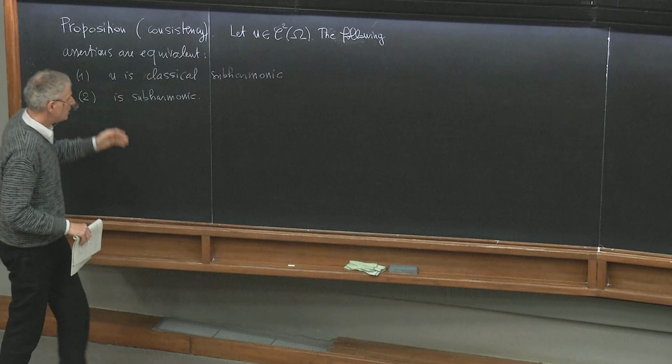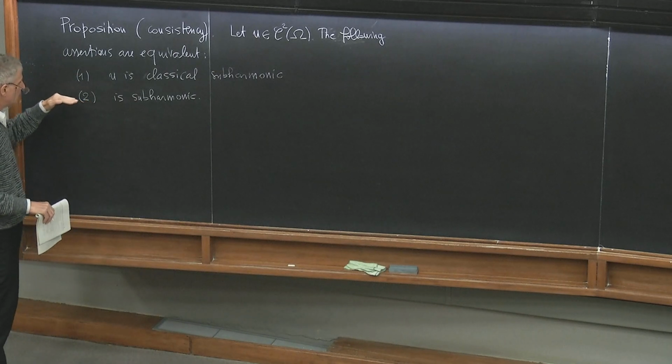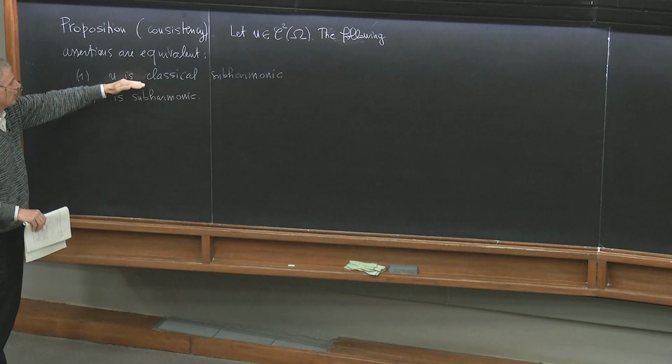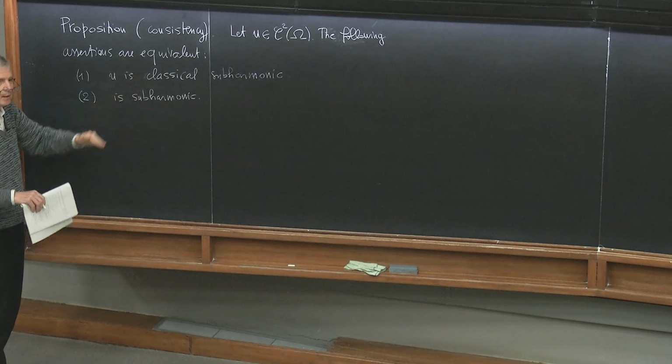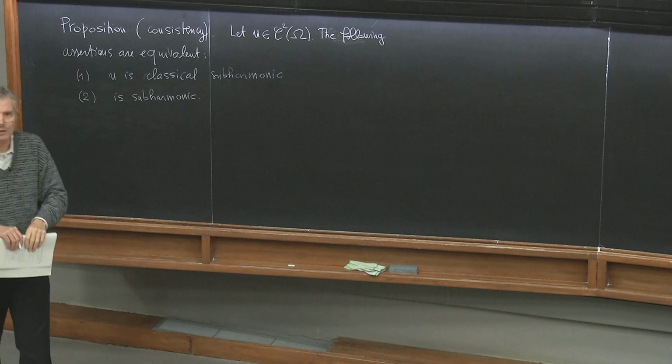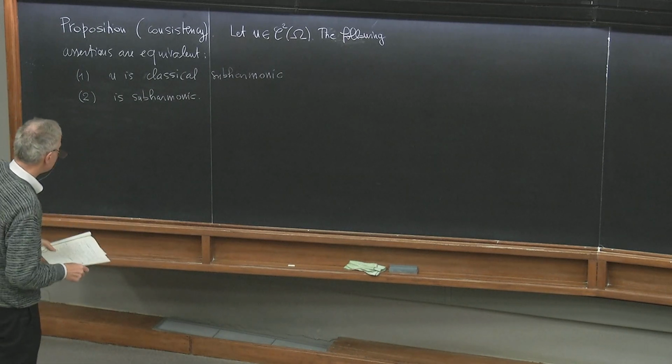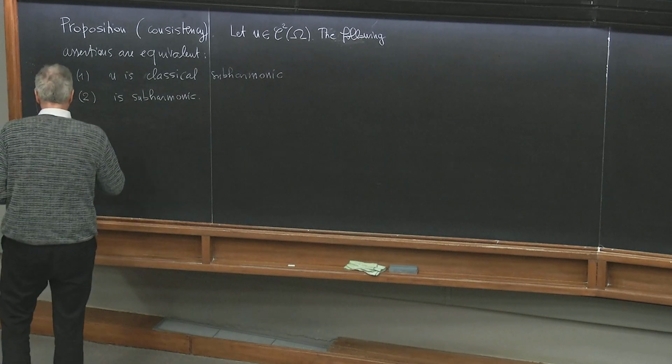So in this sense, this notion of subharmonic is an extension of the classical subharmonic, and when we have enough regularity, the two objects are the same. So this is what I mean by consistency. Okay.